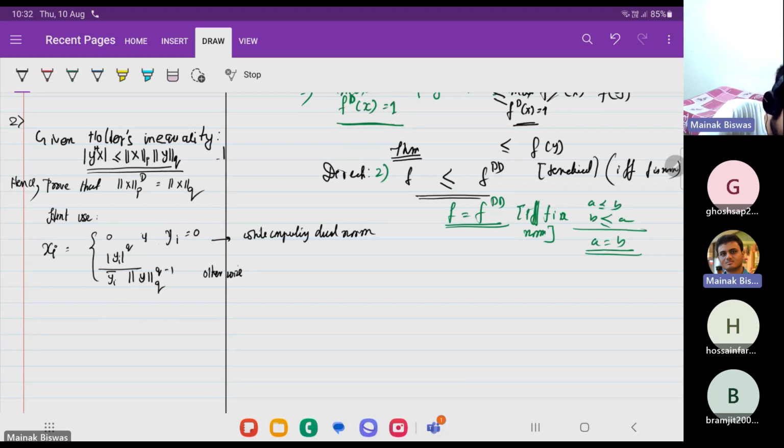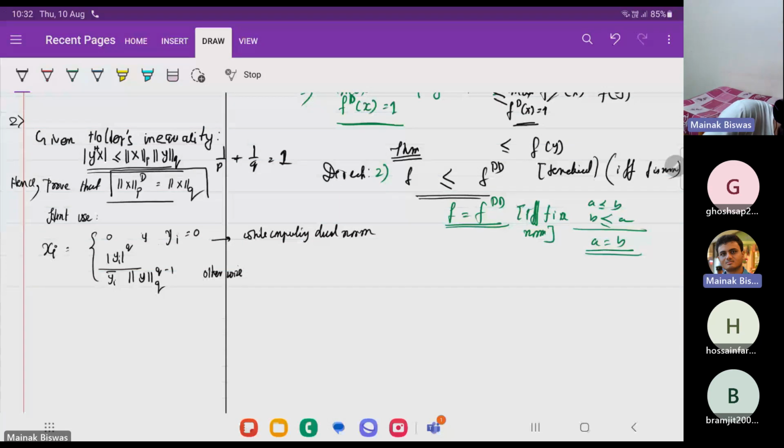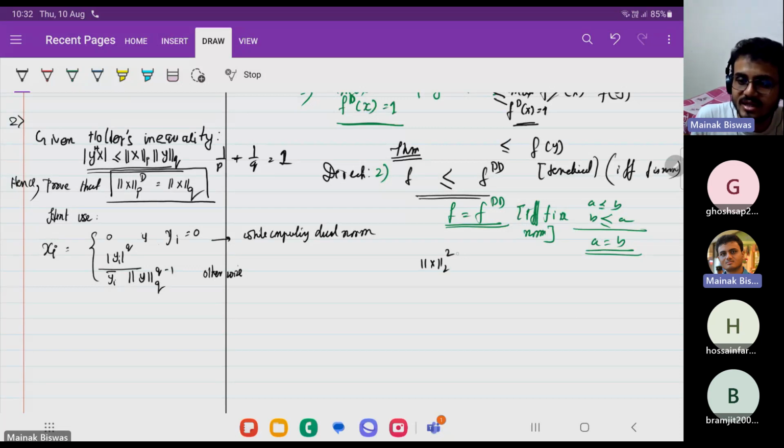Such that 1 by P plus 1 by Q is equal to 1. Yes or no? We have already seen this. We have to show that the dual norm of the P norm is the Q norm. So your entire space is linked. Did you find it a coincidence?